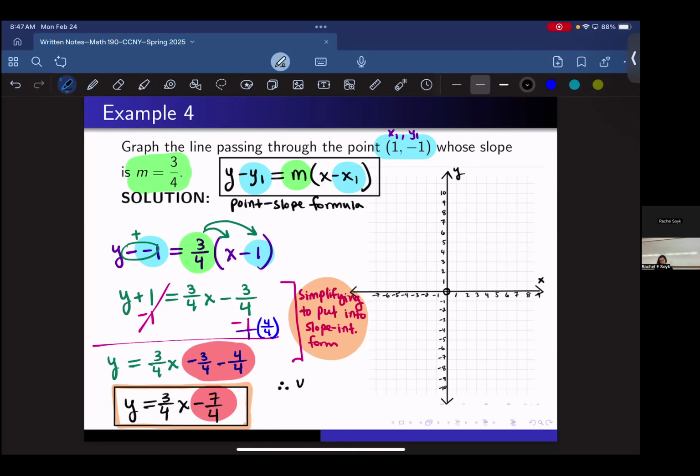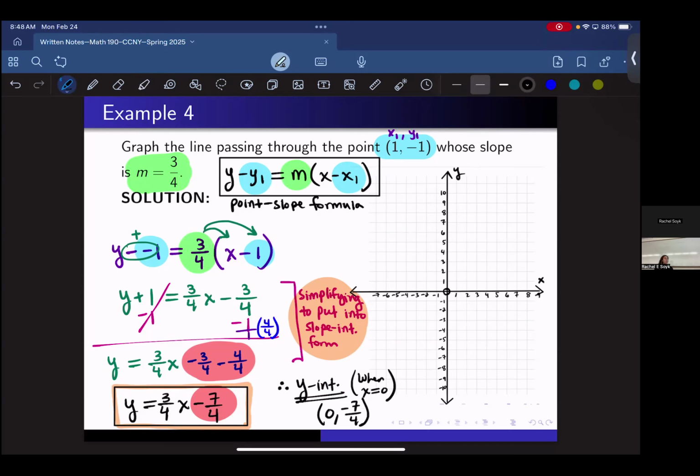What's our b value? It's that -7/4, right? And the definition of y-intercept is when x equals 0. So if we wanted to write this in coordinate form, it would just be (0, -7/4). And why is that so important?